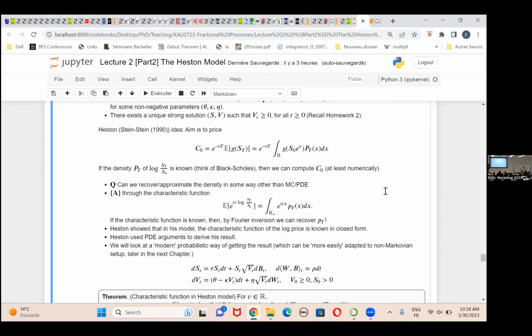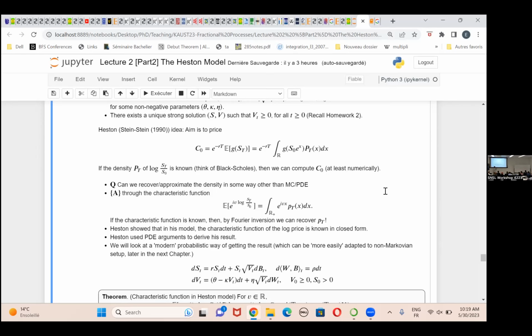But then we need to argue that it is. In any case, this is a small subtlety, but you can prove that you have strong existence and uniqueness by using, if you're familiar, a Yamada-Watanabe type of argument. All right. So this is just to at least convince you that you have a solution for this equation, as long as theta is positive or non-negative.